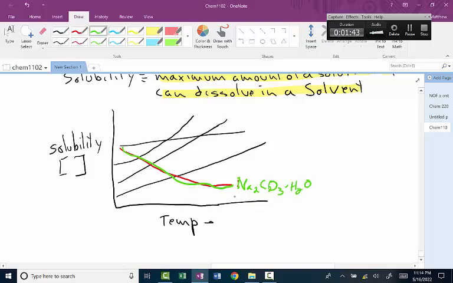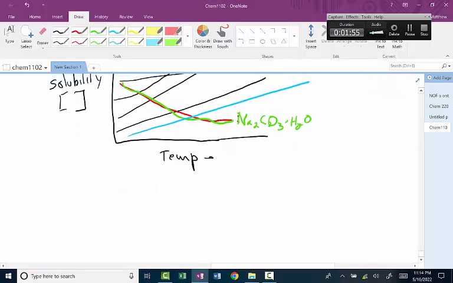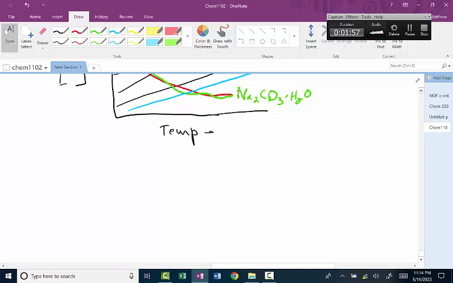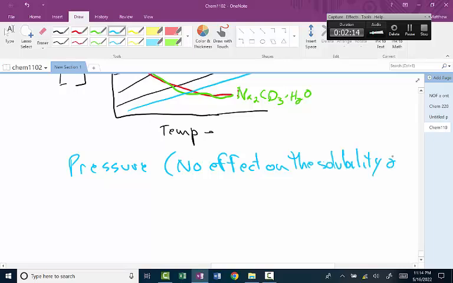That will decrease in solubility, and there's a couple others, but for you on exams, solubility of a solid always increases with temperature.